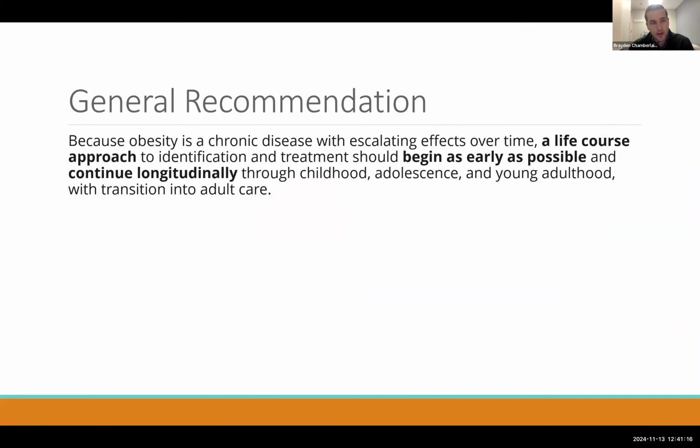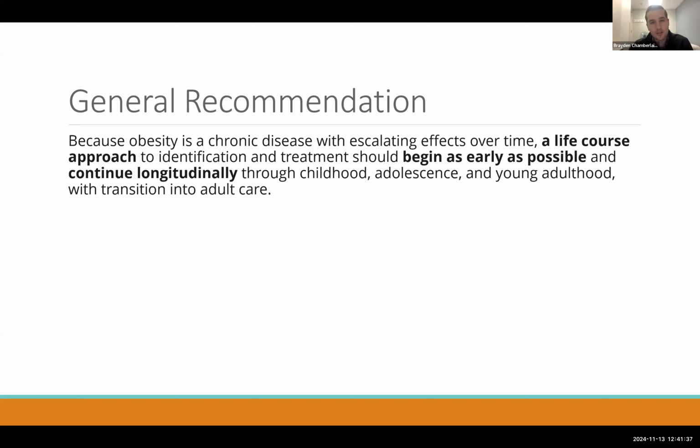So with all of that in mind, because obesity is a chronic disease with escalating effects over time, the AAP is recommending a life course approach to identification and treatment, meaning begin as early as possible to monitor and treat this condition.